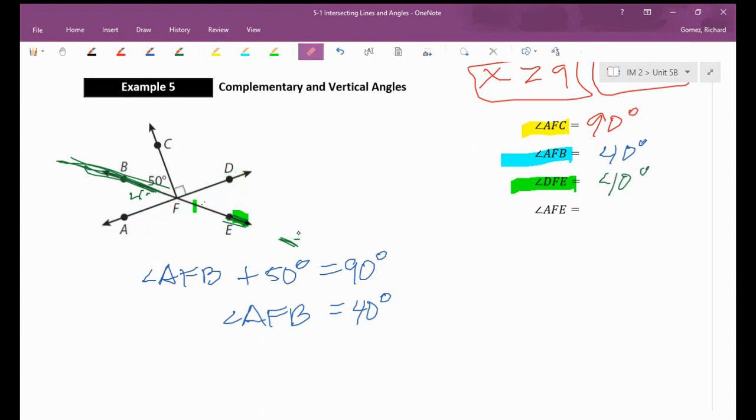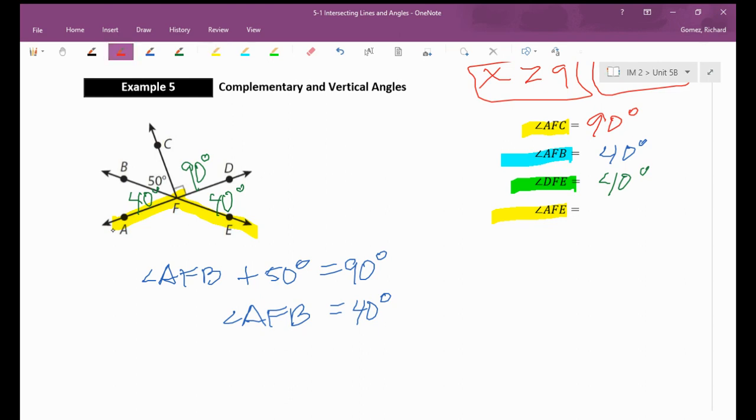Okay, let's try the last one. Make sure we keep the 40 degrees there. Let's put in 40 degrees, right? And this one's 90. And then angle AFE, let's go back to yellow again. Angle AFE is formed by two intersecting lines, and I'm going to use the color red here.